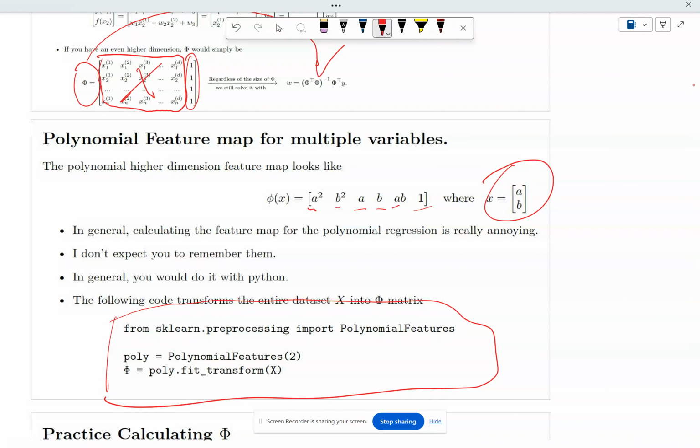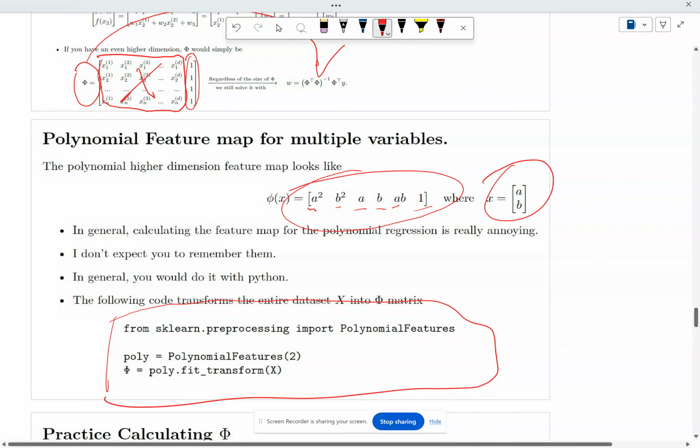So if you want to do this one, it's polynomial second order, but you can use higher order, third, fourth, fifth. So the idea is you create a polynomial of certain order, and then it allows you to transform the data. So the data phi matrix will automatically be generated for you.